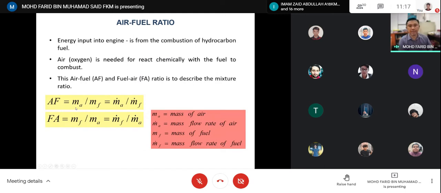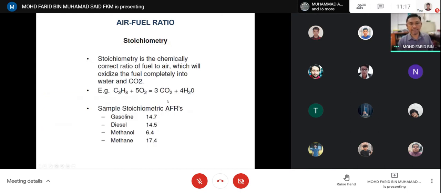Basically it is based on mass flow rate. The values will be given later, for example the mass of the air and the mass of the fuel. From there, you need to calculate the fuel ratio at certain RPM, at various engine speeds.